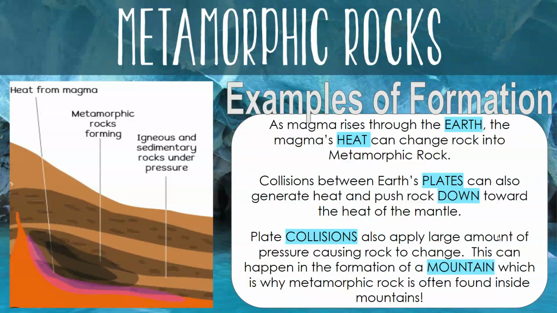They can apply a large amount of pressure and cause that rock to change. This happens in the formation of mountains, which is why metamorphic rock is often found inside of mountains. And so 3 different ways, and there are obviously some more even, but these are 3 situations in which we can have heat or pressure or even chemical reactions changing rocks into metamorphic rocks.